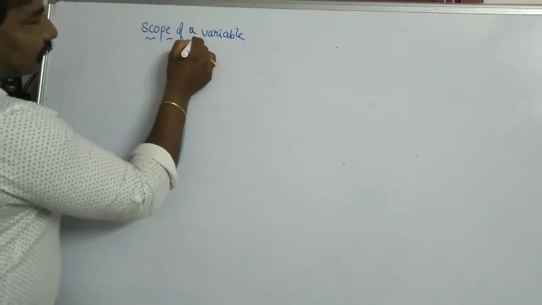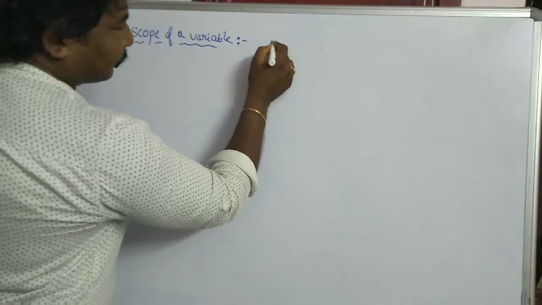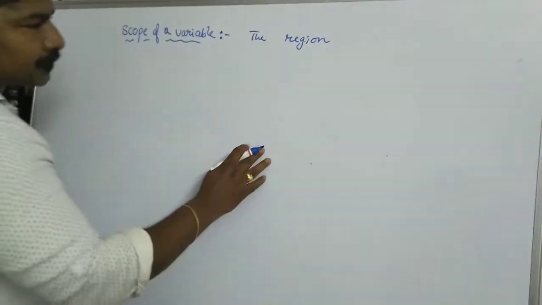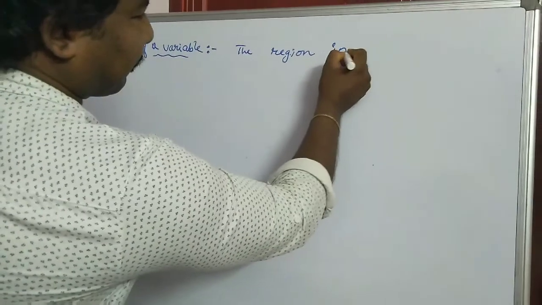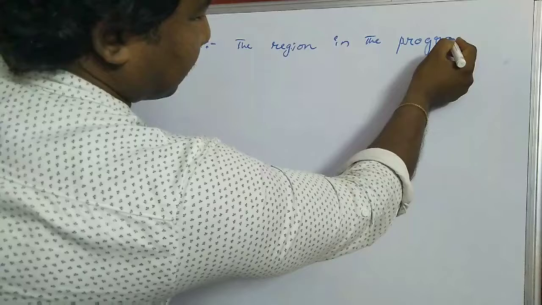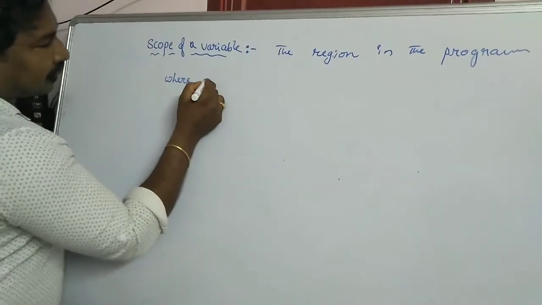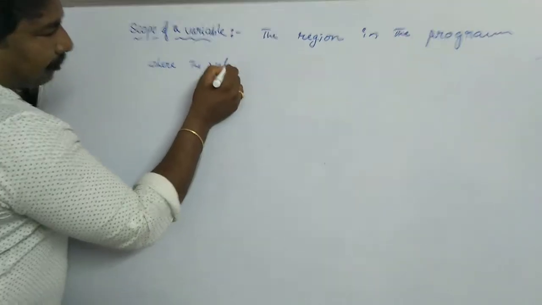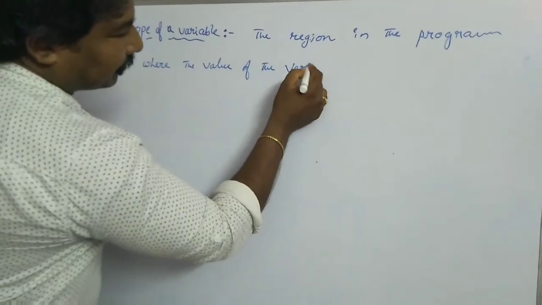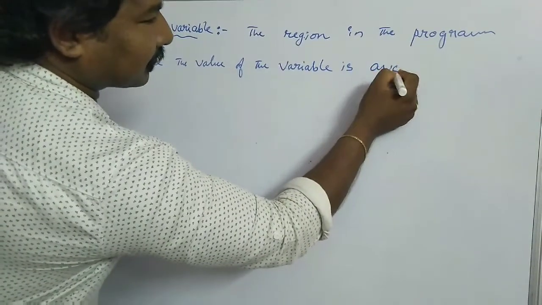So the scope of a variable is the region in the program where the value of the variable is available.